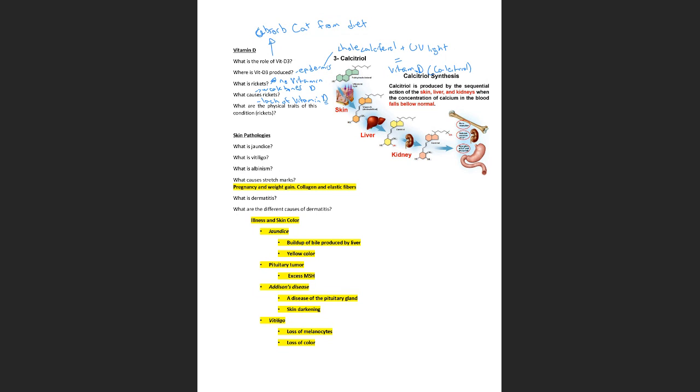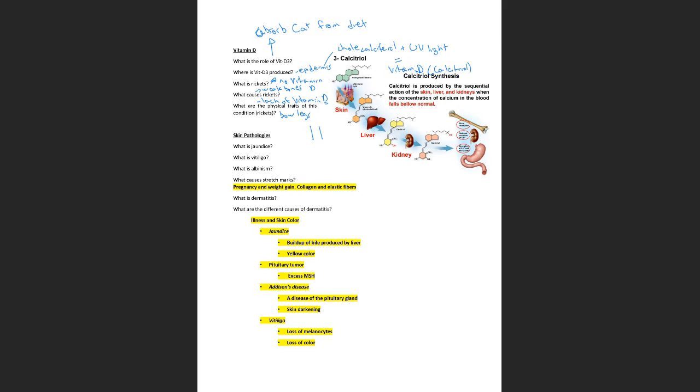Now, the most common physical trait of this condition is bow legs. Bear with me here. These are normal human legs. They're straight, they're strong. When you have rickets, calcium is not being deposited into your bones, so they're very weak and brittle, and can't support your growing body.